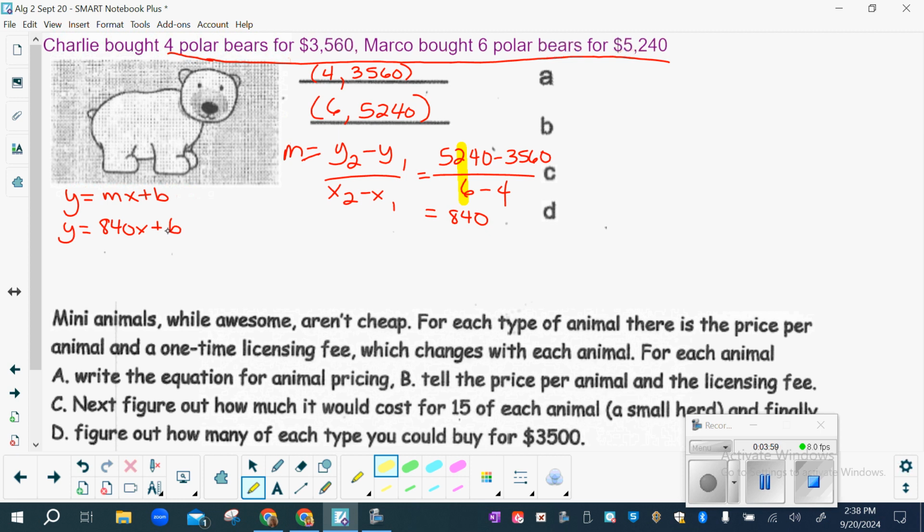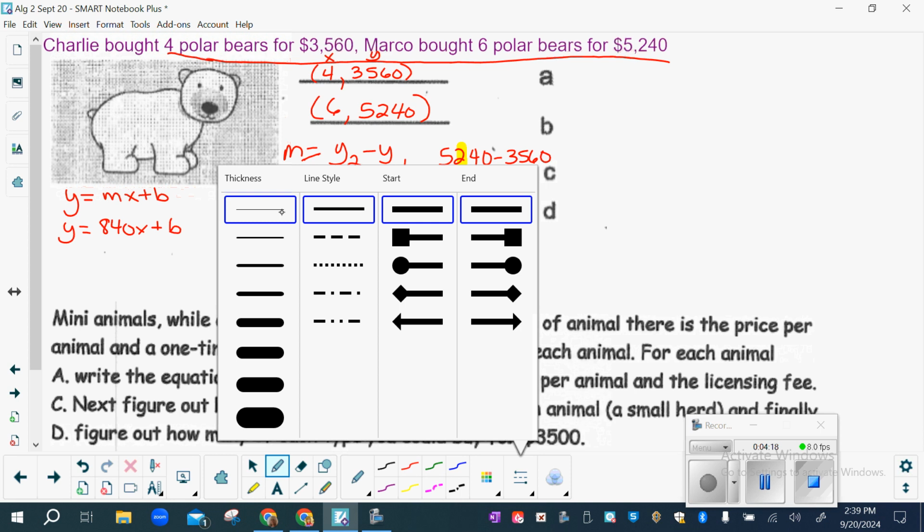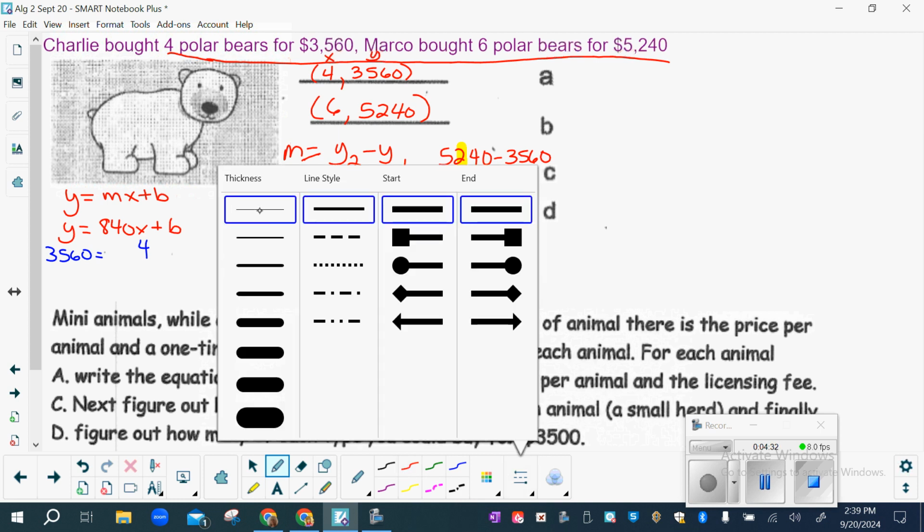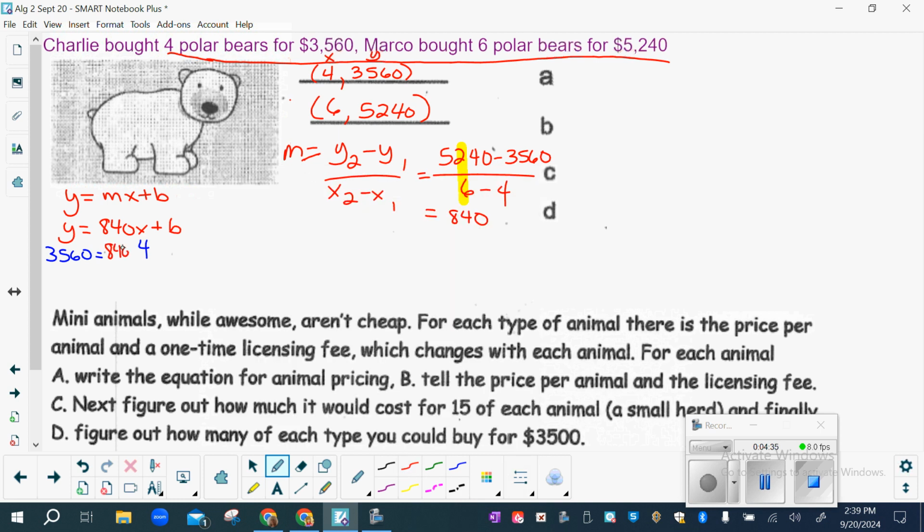Okay, so what do we do to find our y-intercept? Insert one of the points. It doesn't matter which point. Let's say we want to insert this one. So in place of our x, we're going to put a 4, and in place of our y, 3560. Okay, and then we isolate the b.